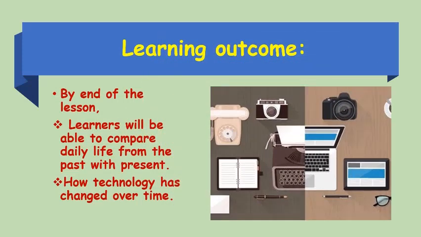Look at this picture, children. On one side, there are the things which we used to use long years back when you were not born. Maybe you can ask your mama and dada if they have seen them when they were small. And on the other side, on your right side, you can see the things which you can see now.